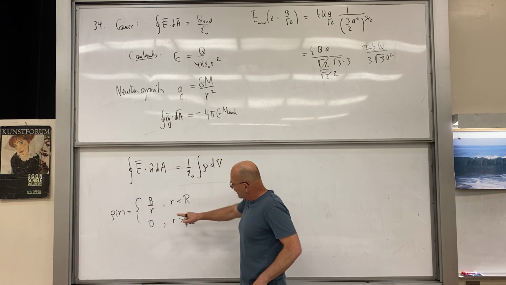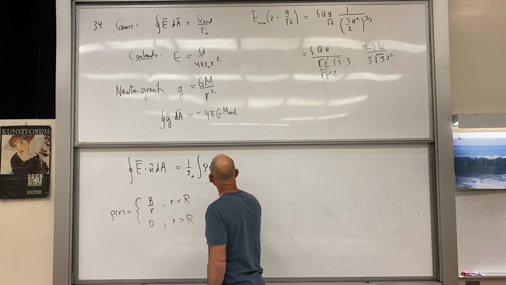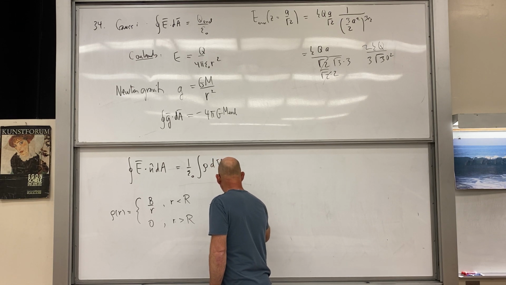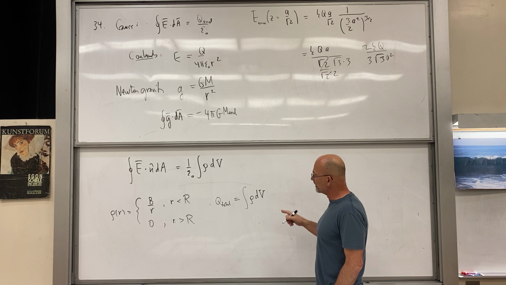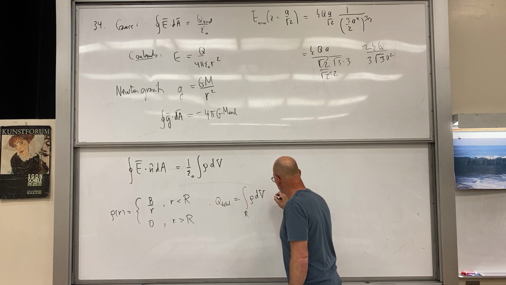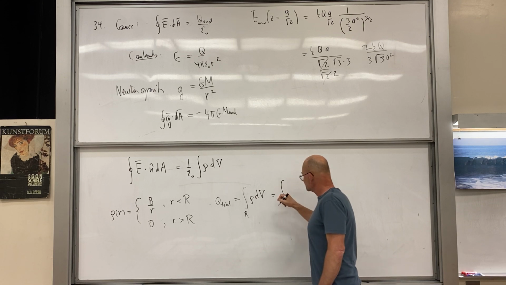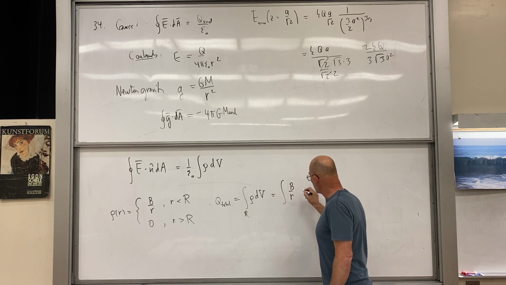So what we're going to do is integrate up all of the charge first. So Q total is going to be the integral of rho d volume over that sphere of radius R. The density is B divided by r.